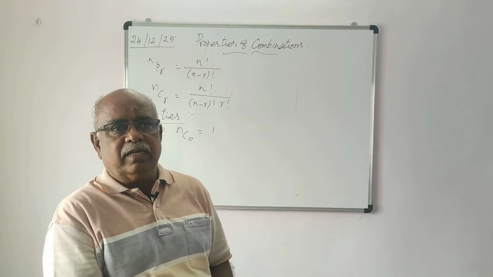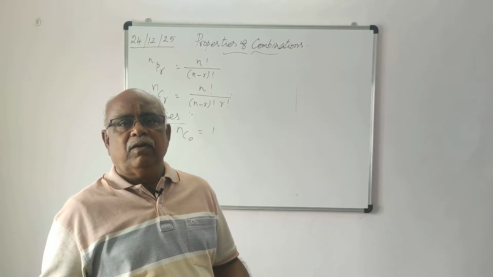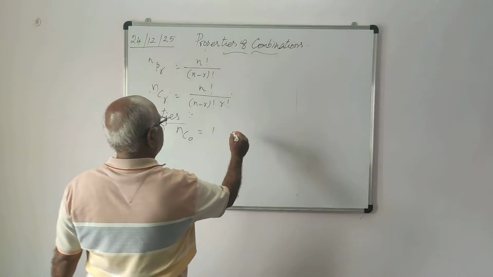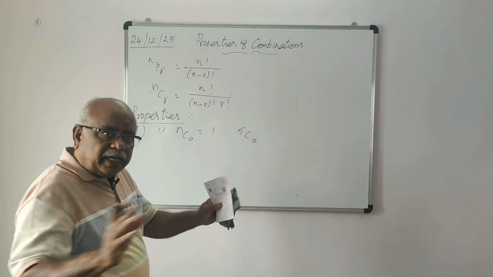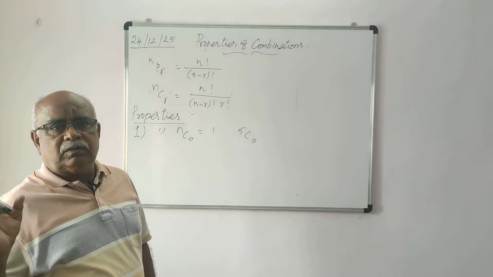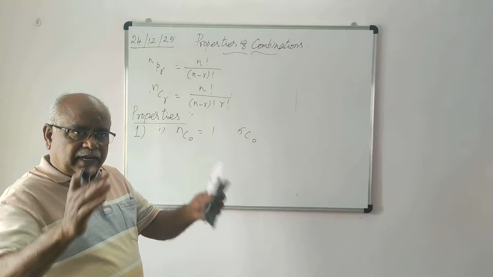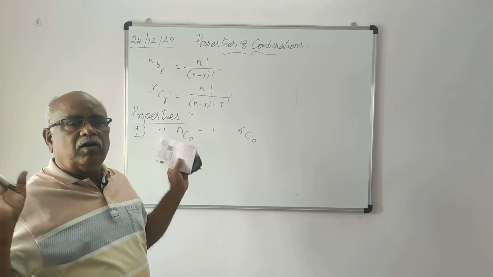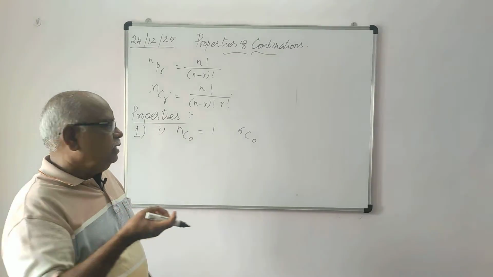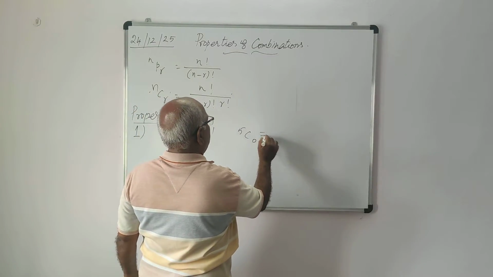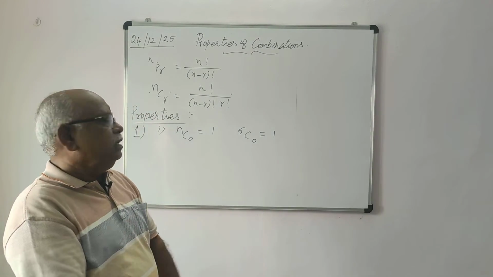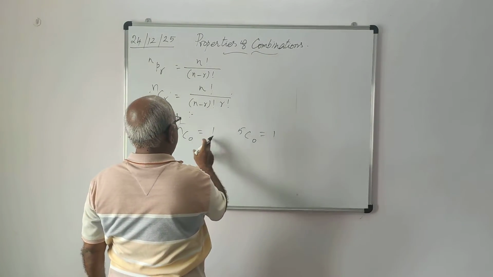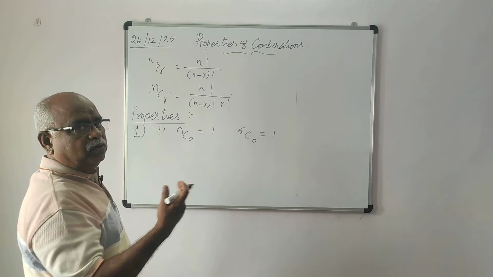For example, 5C0: you have 5 chocolates and you are not taking even one chocolate. The 5 chocolates are considered as one group, one unit. Therefore 5C0 is 1.